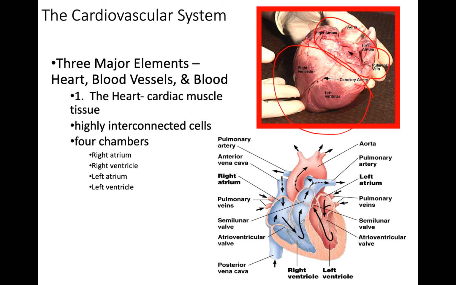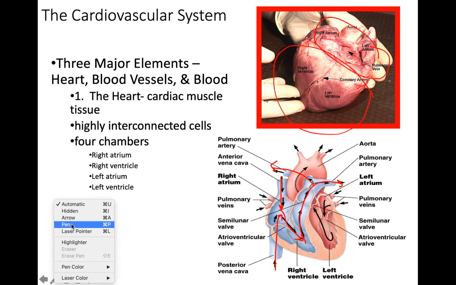Please make sure you remember the blood flow through the heart. If you don't, you have to go through it and memorize it. From the superior vena cava and the inferior vena cava, we go into the right atrium, down to the right ventricle, up to the pulmonary arteries, and that sends blood to the lungs.